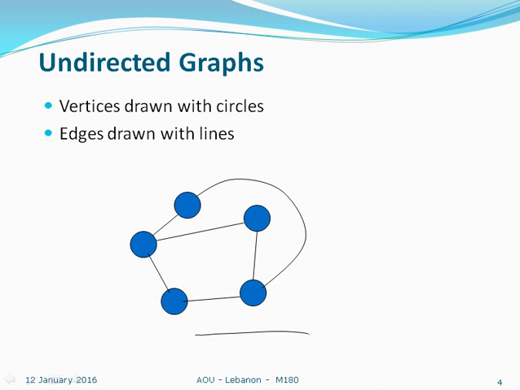Here we call this an undirected graph because the edge has no direction, whether it is going from vertex V1 to V2 or from V2 to V1. Since there is no directed line from one vertex to another vertex, such a graph is called an undirected graph.